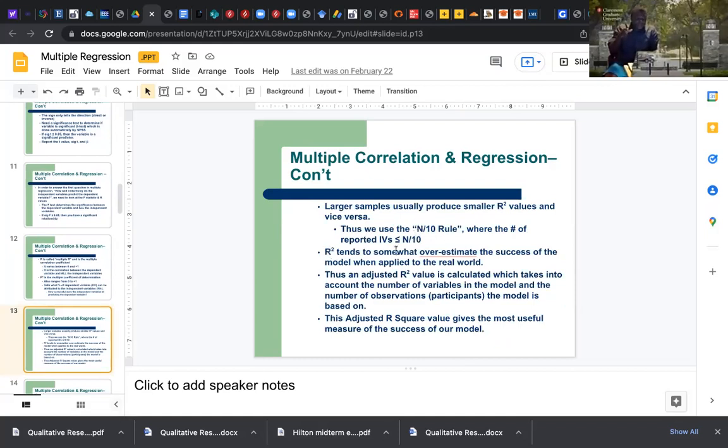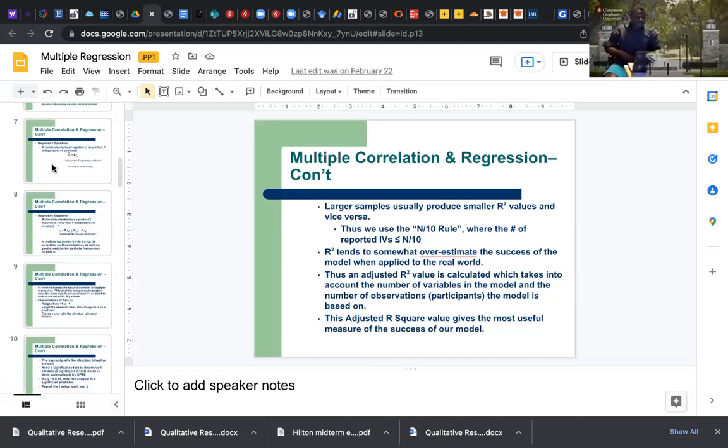R square tends to somewhat overestimate the success of the model, and because of that, we go for the adjusted R square. It gives you the most useful measure of success for the model. Don't forget the adjusted R square. So you see all the statistics that you need to report.